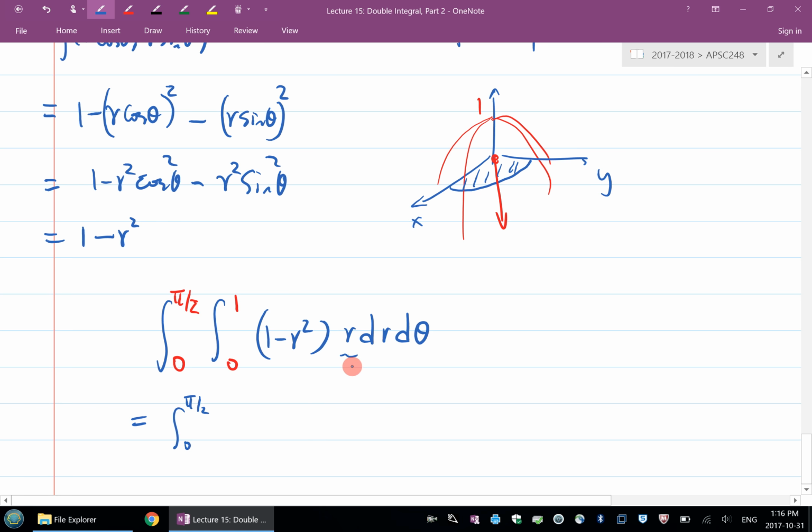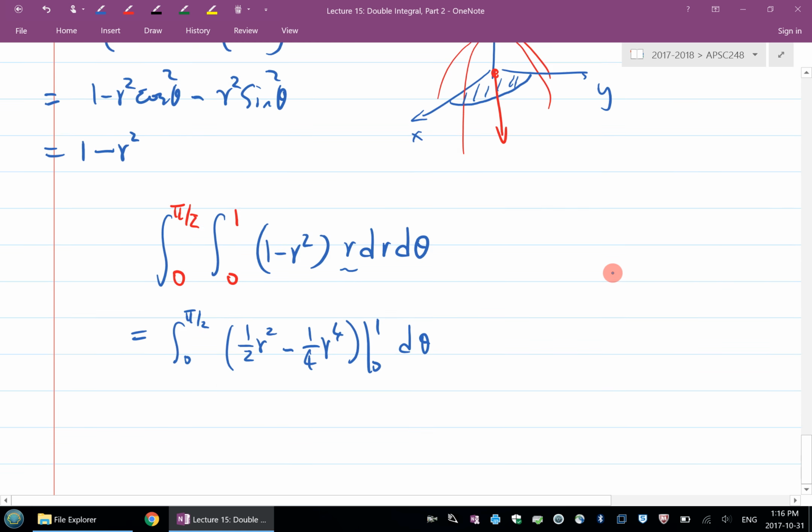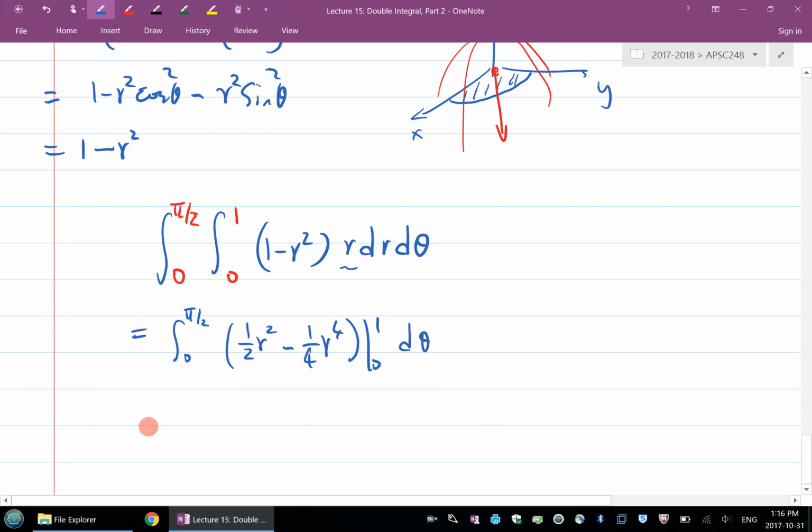So it's actually r times (1 minus r squared), giving 1/2 r squared minus 1/4 r to the power 4, from 0 to 1, and d theta. You get 0 at the lower limit. This whole chunk turns out to be 1/4 d theta, and then the whole thing equals pi over 8.